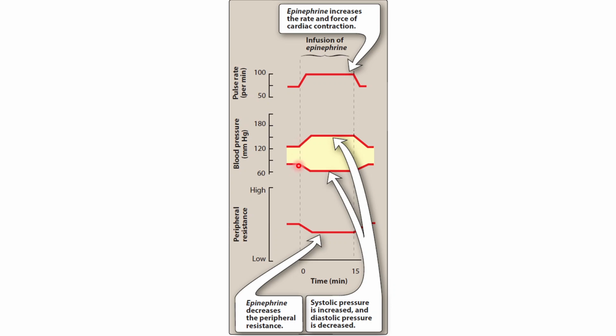But diastolic blood pressure will decrease because epinephrine also stimulates beta 2 adrenoreceptors in the smooth muscles of vessels going to the skeletal muscles, and that will lead to the decrease of the diastolic pressure.